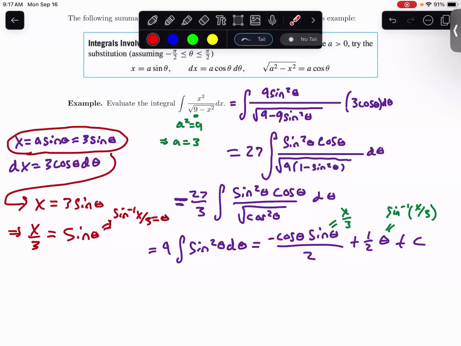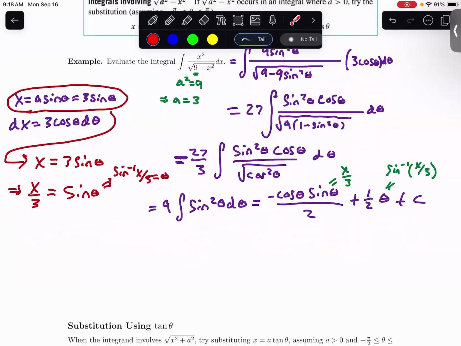Does anyone see how can we get cosine? What do we have to do? Any ideas? I wonder if that would work. I had a different idea in mind, but I guess the issue there would be, I think there's a dx that would show up, but we already have what dx is equal to.